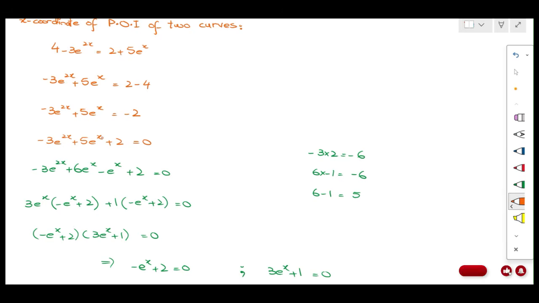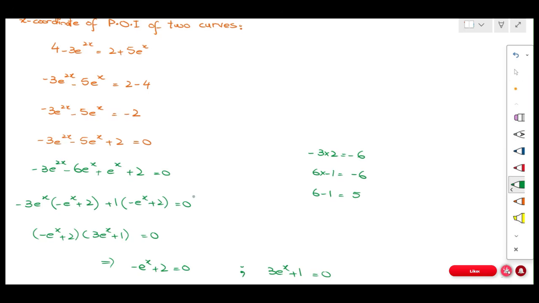Hold on a second, I made a mistake. It's negative, and when you shift this term to the other side, it is also negative. This term is negative, this term is negative, this is also negative. Oh my bad, I messed up everything. Okay, so it's minus 5, so this is negative and this should be positive. It's negative and positive.